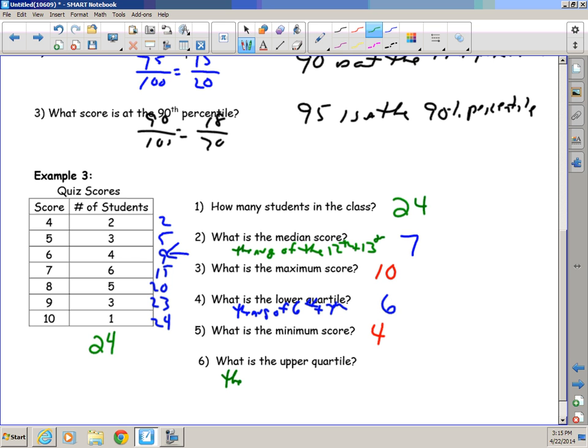So it's the average of, because it's 75%, so 3/4 is the 18th and 19th. Where's the 18th and 19th lie? Right in there, or 8. Okay? So that's the lesson on quartiles and percentiles. And as I said, we will use the quartiles in the next lesson when we do box and whisker plots.